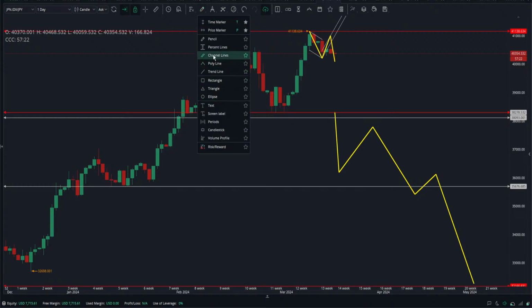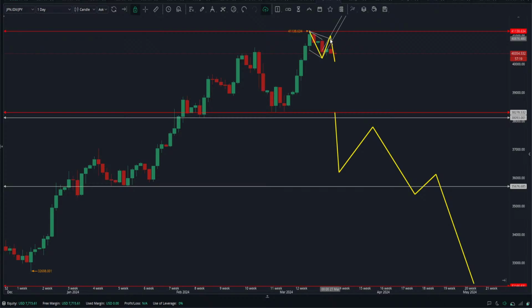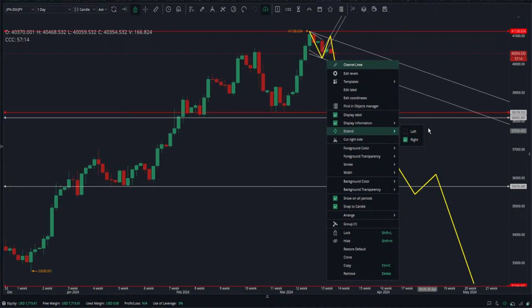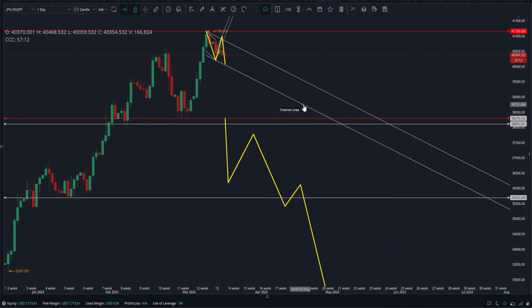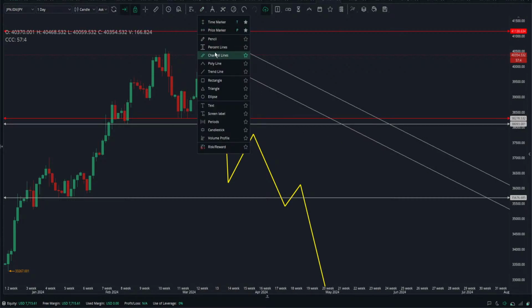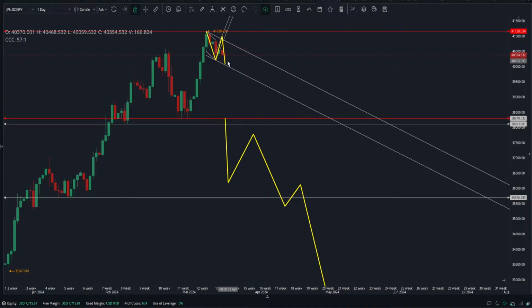Even if you draw a channel, this channel can go all the way till 5th of June without breaking this 38,278. Whereas what I'm expecting is, if the price would have to break, it will fall very fast. Since it doesn't have to break, it will keep hovering around it like this and then eventually break like this. Got it? Something like this is going to happen. This can be very soon, this can be very late, but it has to go very close to this area.